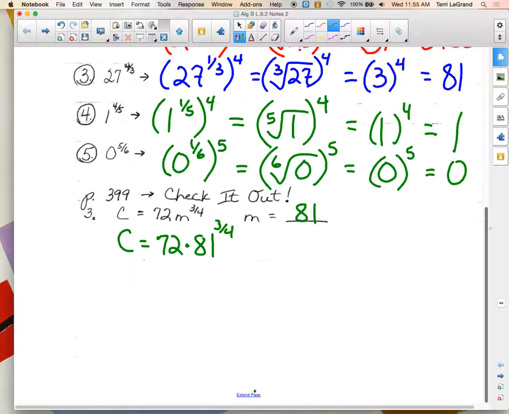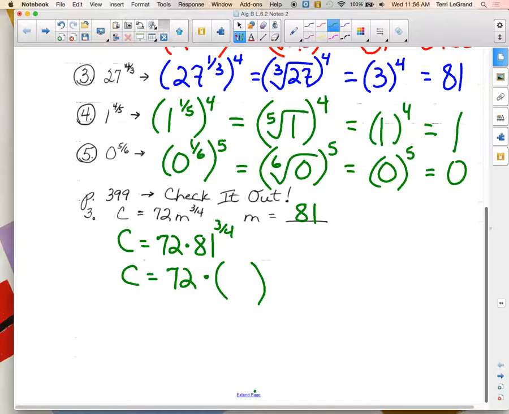Order of operations says powers before multiplication. So we're going to leave that 72 alone right now, and we're going to rename 81 to the 3/4 power as a power to a power.